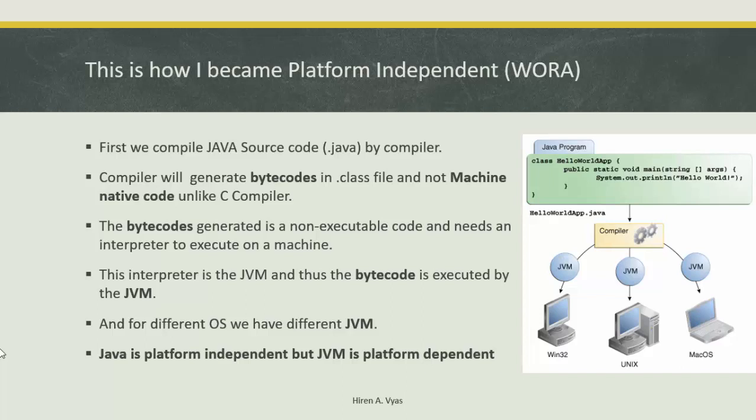You can see on the right side in that image, the source code will be the same for any operating system. Then the compiler will be the same, and the bytecode generated by the compiler is specific for the machine, and it has a specific JVM which interprets this code and executes it.